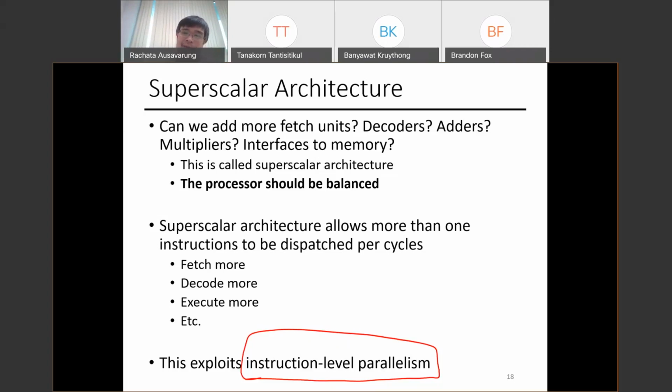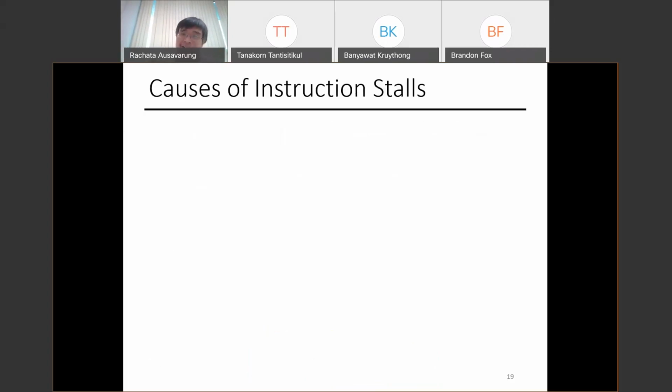All right, so let's come back to instruction stall and let's think about what are the causes of these stall, right? Actually, do you want to take a quick 5 minutes break? It's been an hour. I think it's maybe 20 to 30 minutes of content left. So should we take a break or are you guys okay with go ahead and finish it?